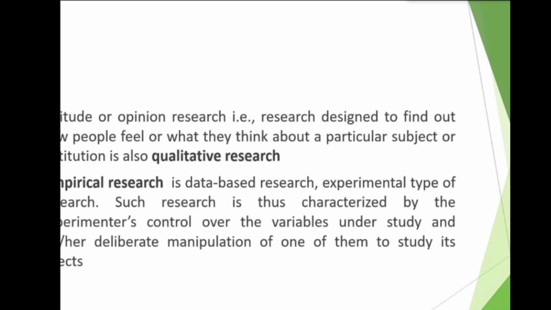Now, empirical research is a data-based, experimental type of research. Such research is thus characterized by the experimenter's control over the variables under study and his or her deliberate manipulation of one of them to study its effects.